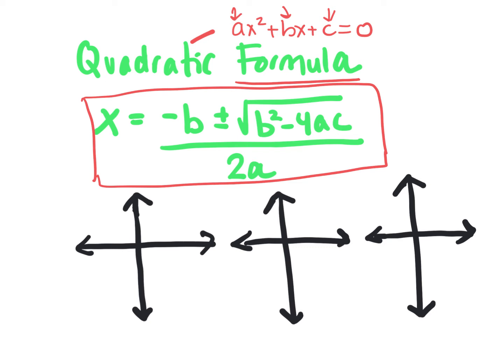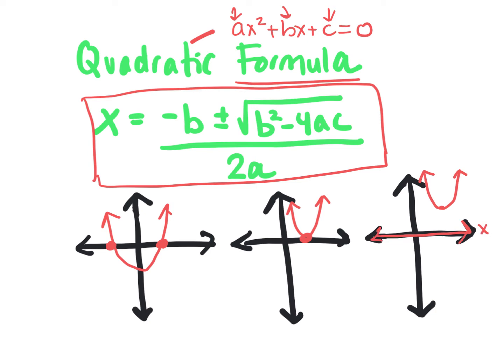And like we have talked about when using other methods, there's always a possibility that we will end up with two solutions, or two x-intercepts, or two roots, or a possibility that there will just be one x-intercept, one root, one solution, or that there are no x-intercepts, meaning that our parabola never crosses over the x-axis.